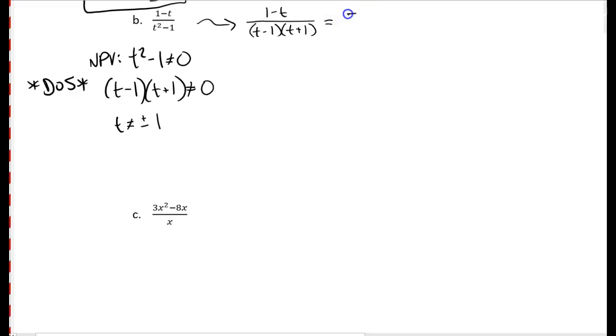But what happens if I factor out a negative in my numerator? Well, it turns my t positive, it turns my 1 negative. And all of a sudden now I've got these two pieces that are exactly identical.